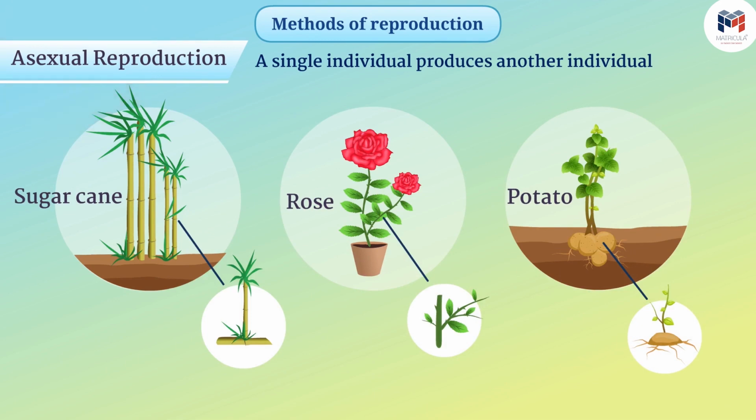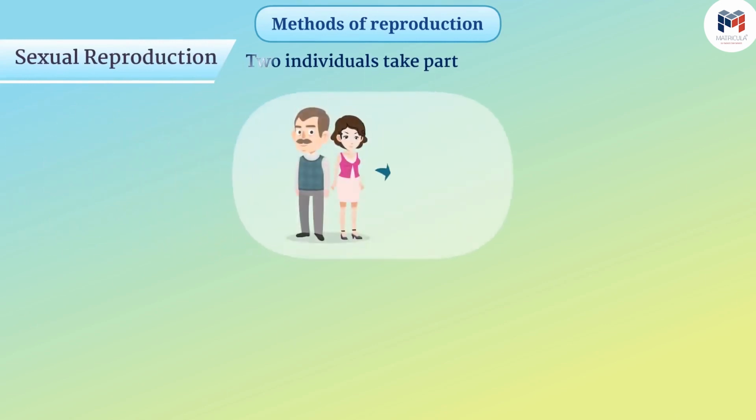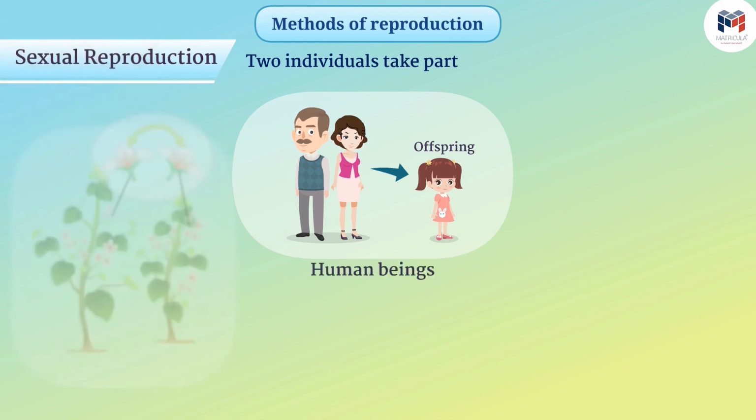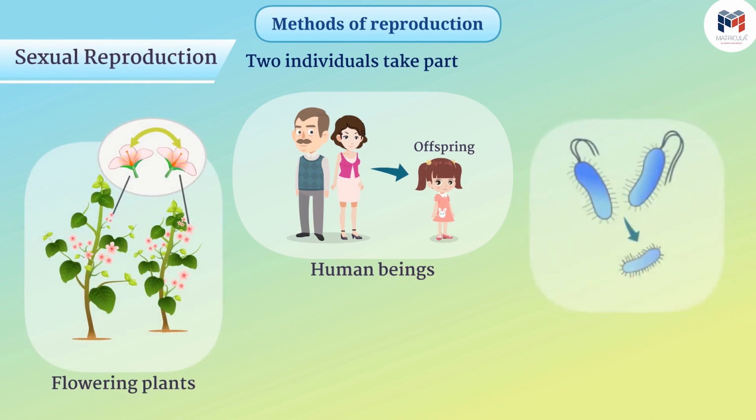In contrast to this, the reproduction in which two individuals take part is called sexual reproduction. For example, human beings, flowering plants, various animals, etc. produce new organisms by sexual reproduction.